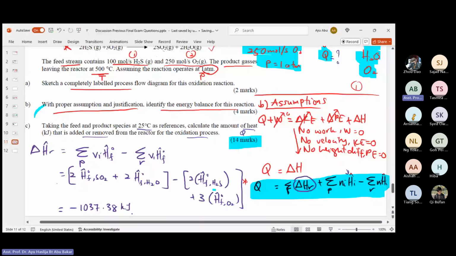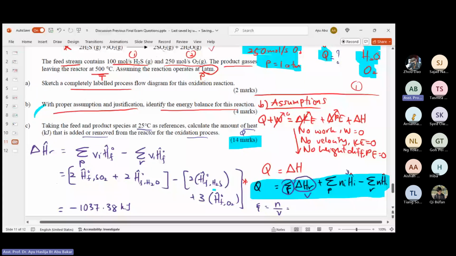Okay, then from here, find out the extent of reaction. So now we have calculated this. Now find out the extent of reaction. You can use N over V, for any element.